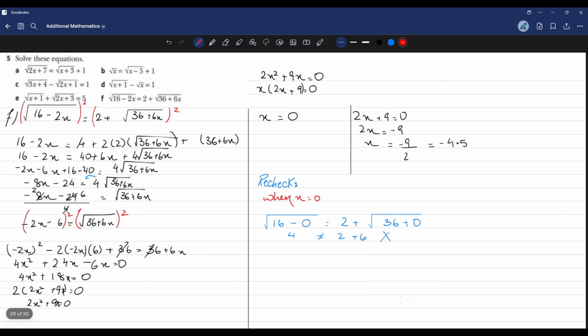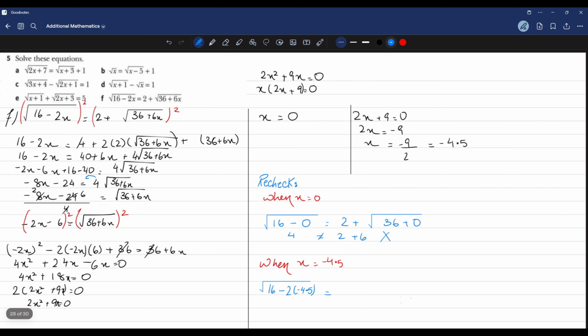However, if we check for when x is equal to negative 4.5, let's put this into the equation and check our answer. So we are going to get square root of 16 minus 2 multiplied by negative 4.5. Again, brackets are really important when you're dealing with negative values.